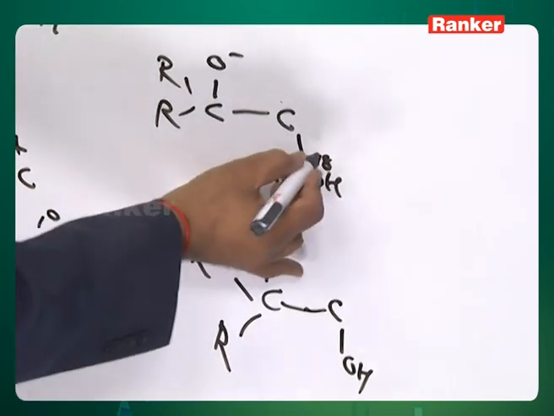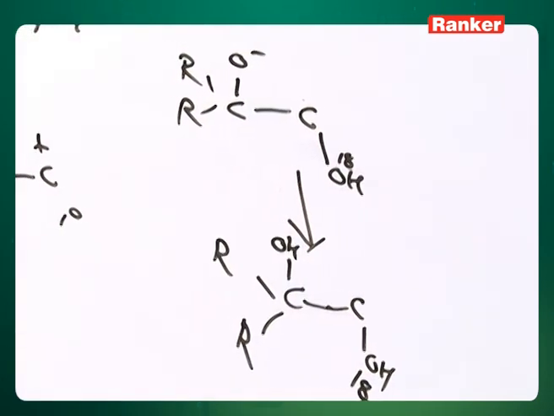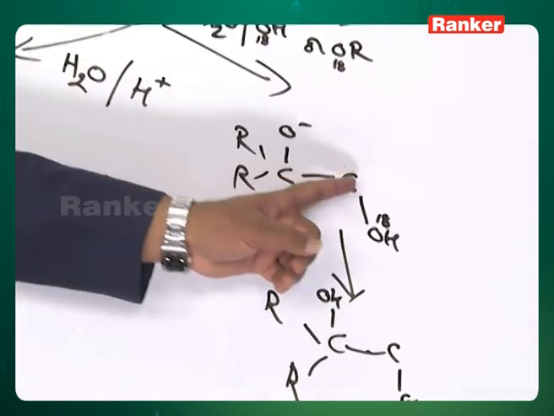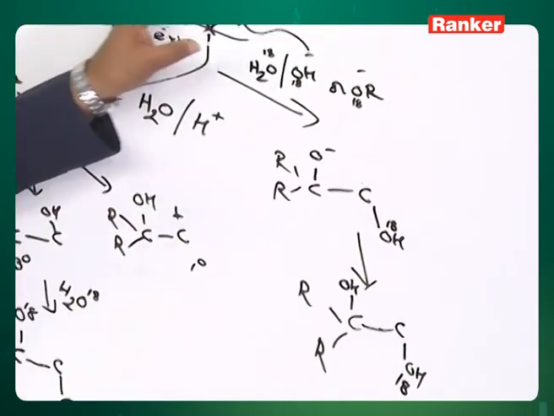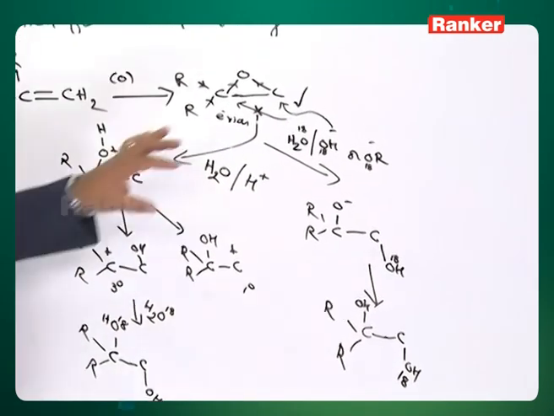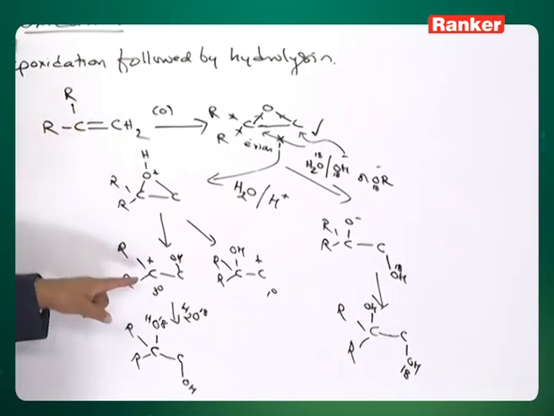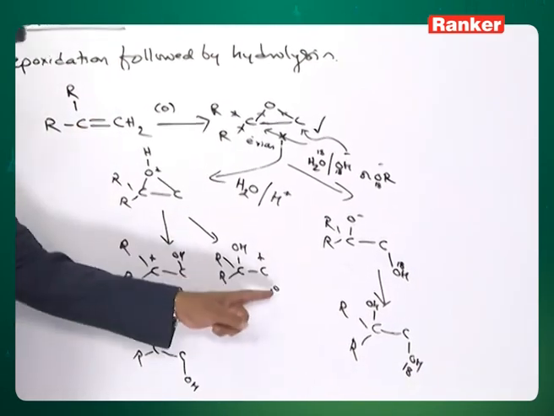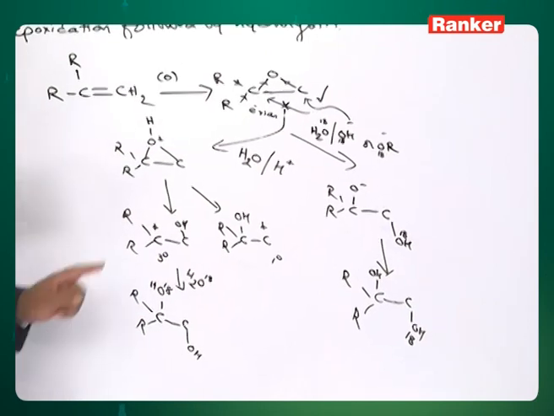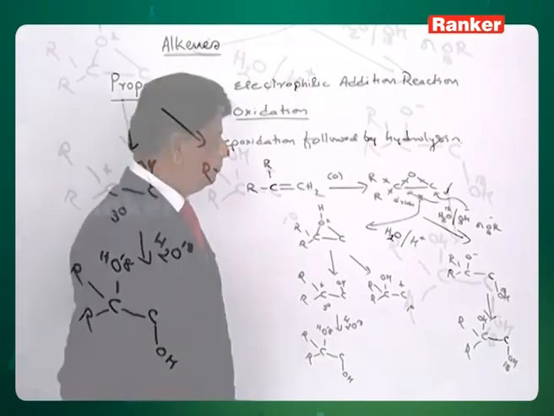But where does the O18 go? In the basic medium, the newly added O18 goes to the terminal carbon, because here there is no tertiary carbocation involvement. In the acidic case, protonation gives the oxonium ion, which opens into a carbocation, either 1 degree or 3 degree. The 3 degree is more stable, therefore the newly added water comes into the center.